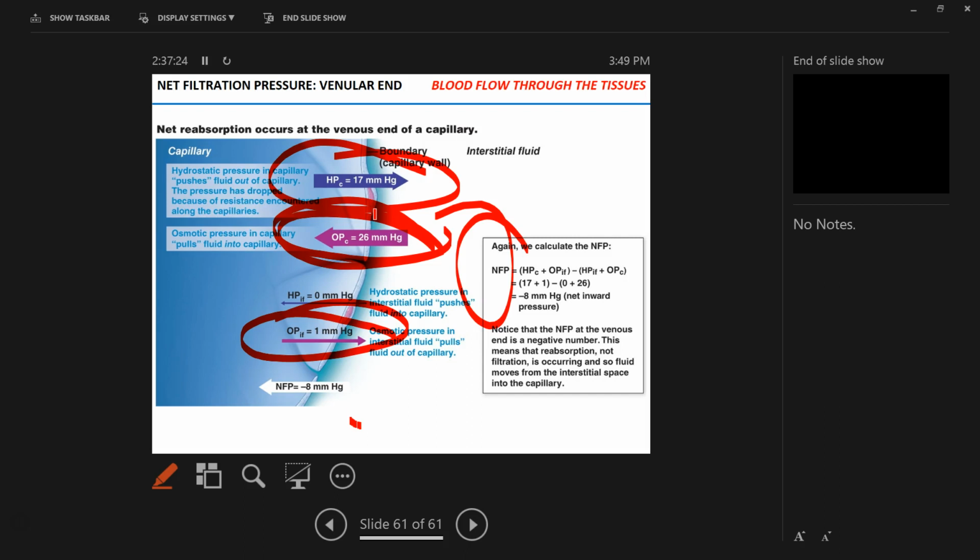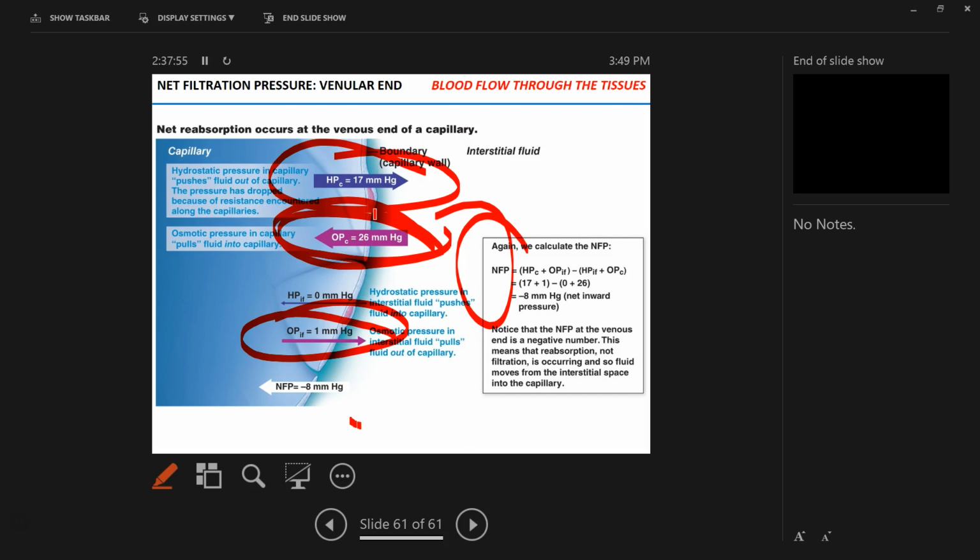What I want you to very clearly understand about this tissue exchange. These are questions that are logical, but you have to have a very clear understanding of what's going on. You must be able to tell me that proteins in the capillaries exert capillary osmotic pressure. If you increase blood pressure, capillary hydrostatic pressure will go up. If you decrease blood pressure, this pressure will go down.